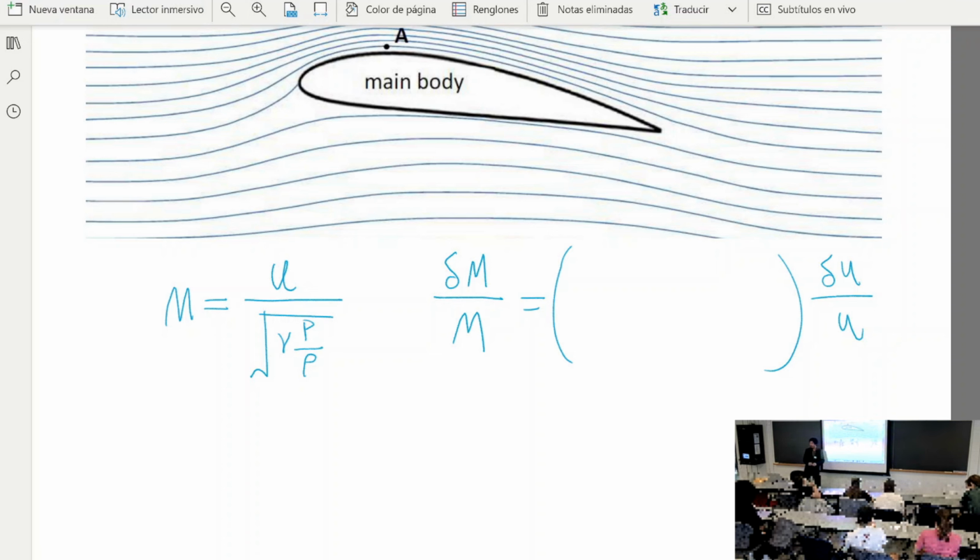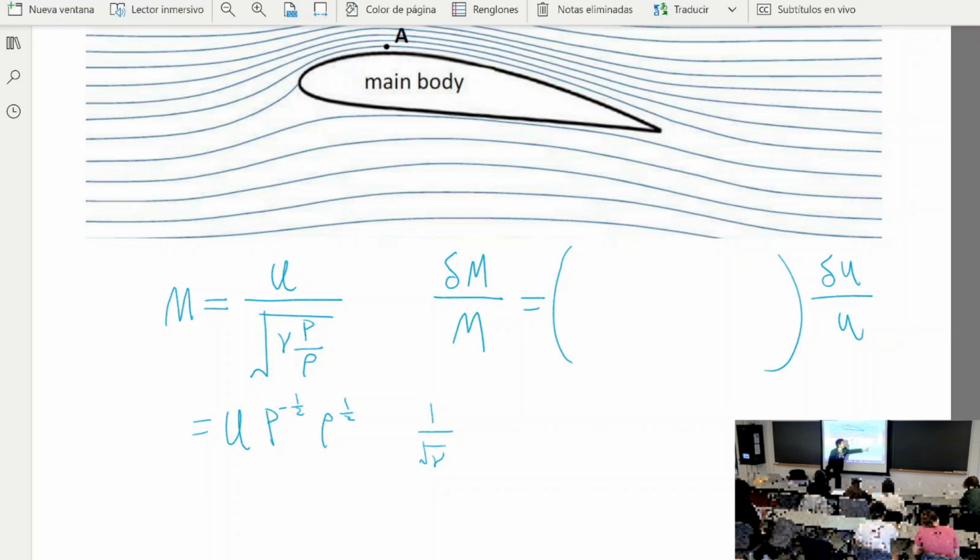You can write this whole thing as u to the power of 1, times a constant, which we don't care about, and p to the power of minus half, and rho to the power of half. That's how I can express Mach number as a product of powers. And we looked at how products and powers translate into the world of fractional sensitivity.